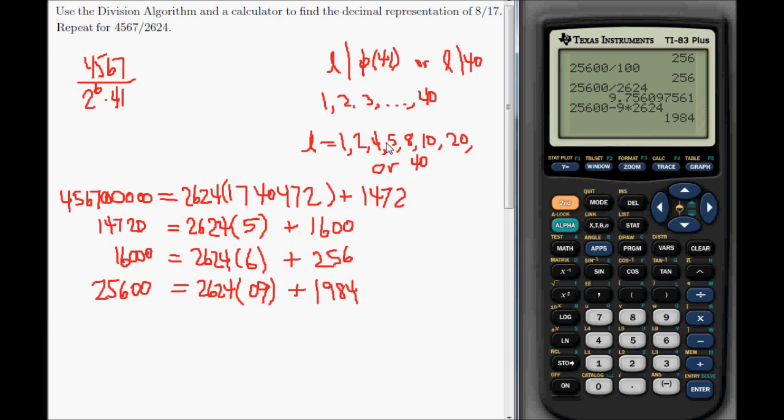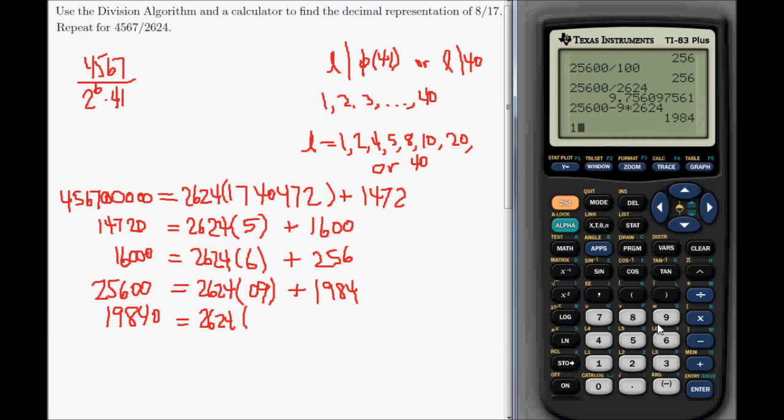Okay, so I've tried 1, 2, 4. Now let's try to see if the length is 5. And if that doesn't work, we'll try 8 and 10 and so on. So I increase 1 more digit, so I multiply by 10 now. So I take the old remainder, 1,984, multiply that by 10, divide by 2,624, and I get a quotient of 7.